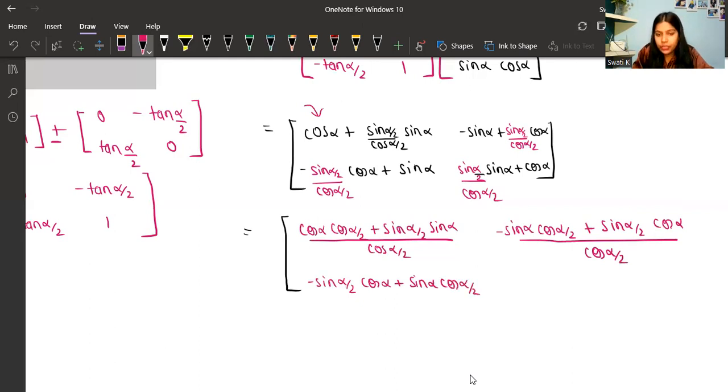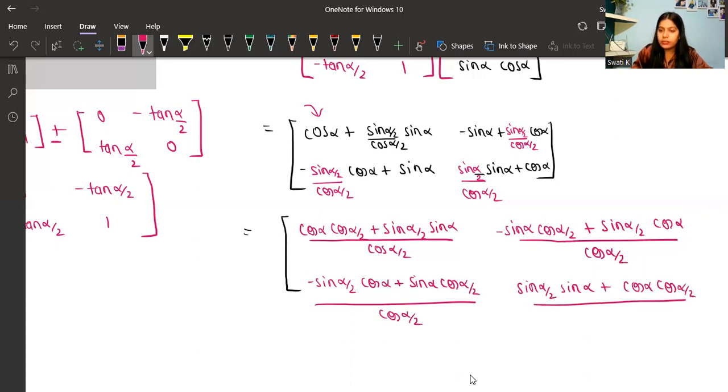We are taking just the LCM upon cos alpha by 2. Next is sin alpha by 2 sin alpha plus cos alpha times cos alpha by 2 upon cos alpha by 2. And then we can close the case.